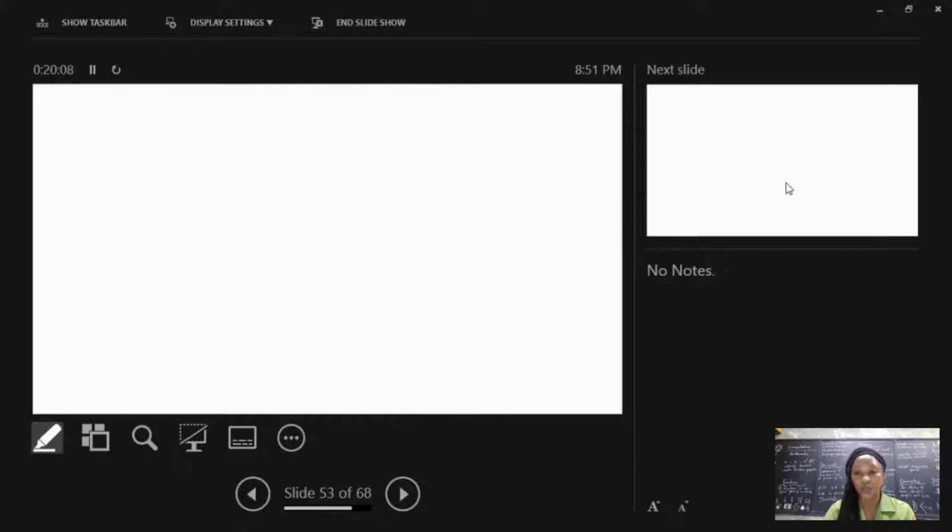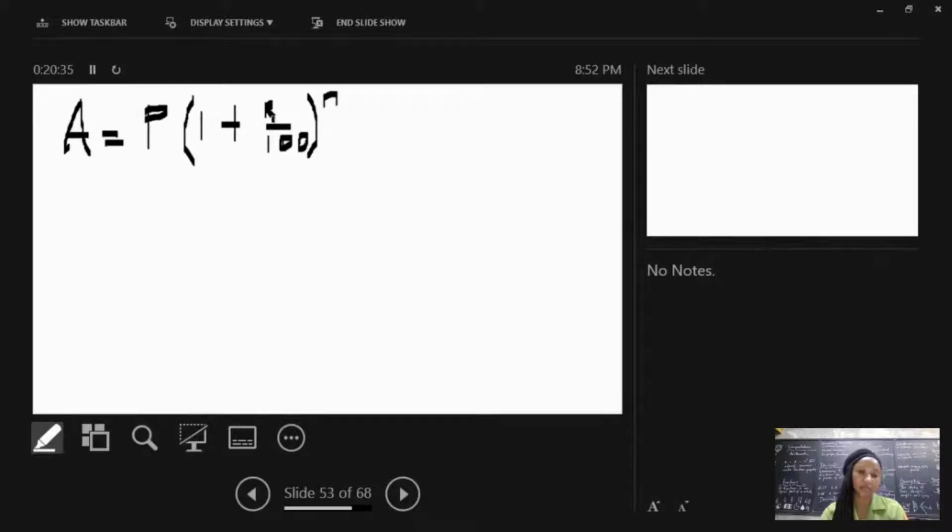Now I want to show you there's a formula, the compound interest formula, where we can work out the amount accruing. A would be the amount, P for principal, R for the rate, and N the number of years that you're investing it.